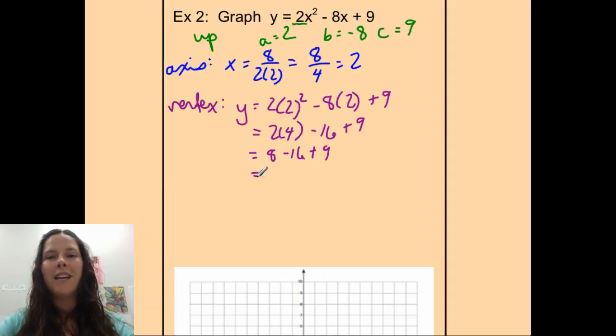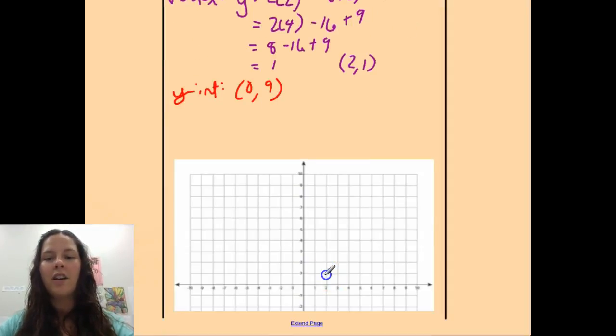Combining all of our terms, 8 minus 16 is negative 8, plus 9 is positive 1. So we have a vertex of 2, positive 1. Finally, we need our y-intercept, which gives us 0, and then our c value of 9.